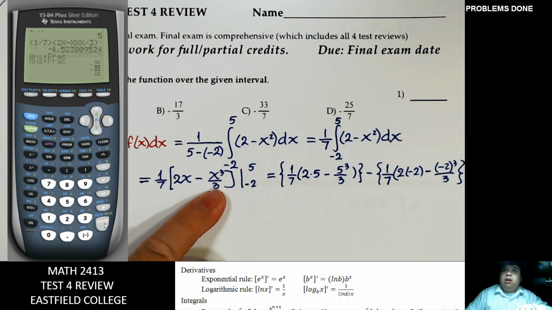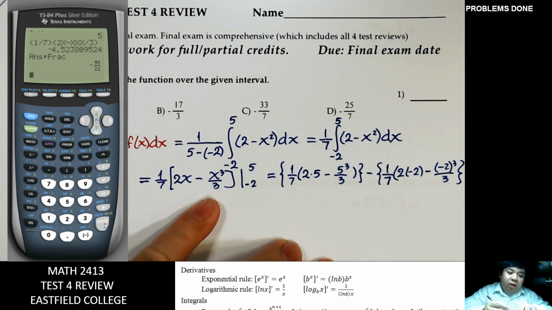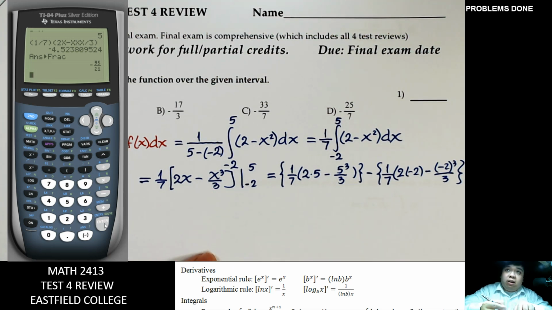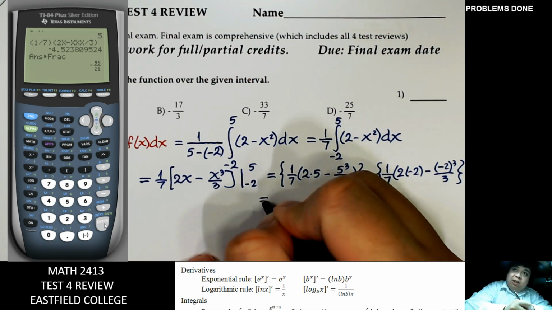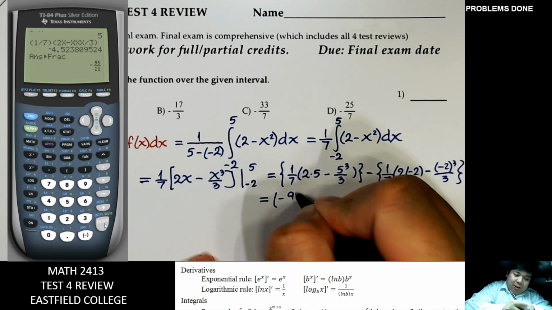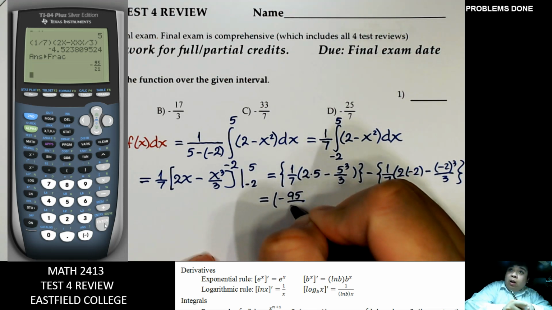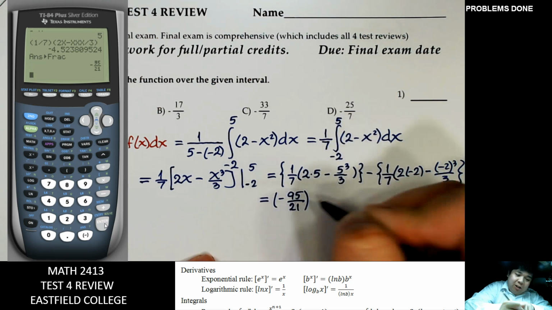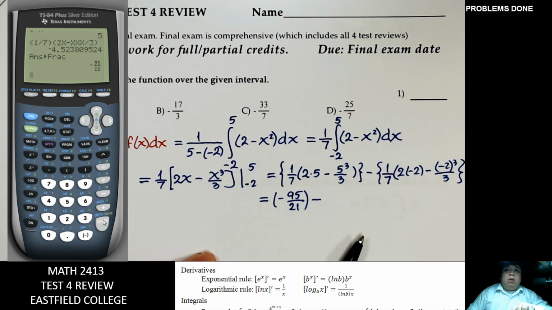Change to fraction: 95 over 21. And then we put -2 and store into x.